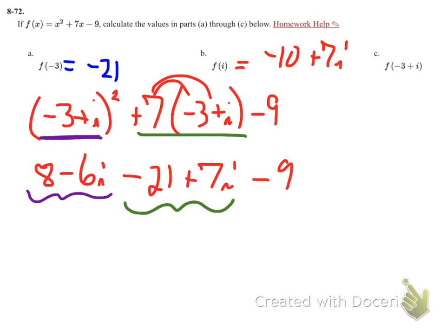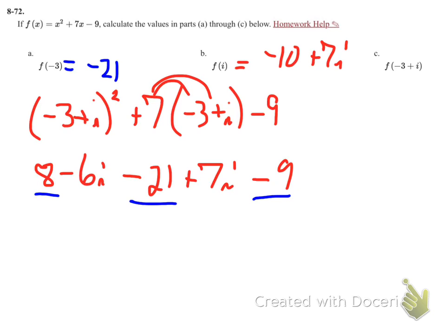This was the result from distributing, and then the -9 is just on the end there. Now I'm going to combine like terms. 8, -21, -9. That's all going to give me a -22. -6i and +7i is going to equal +i. So the answer for problem C is going to equal -22 plus i.